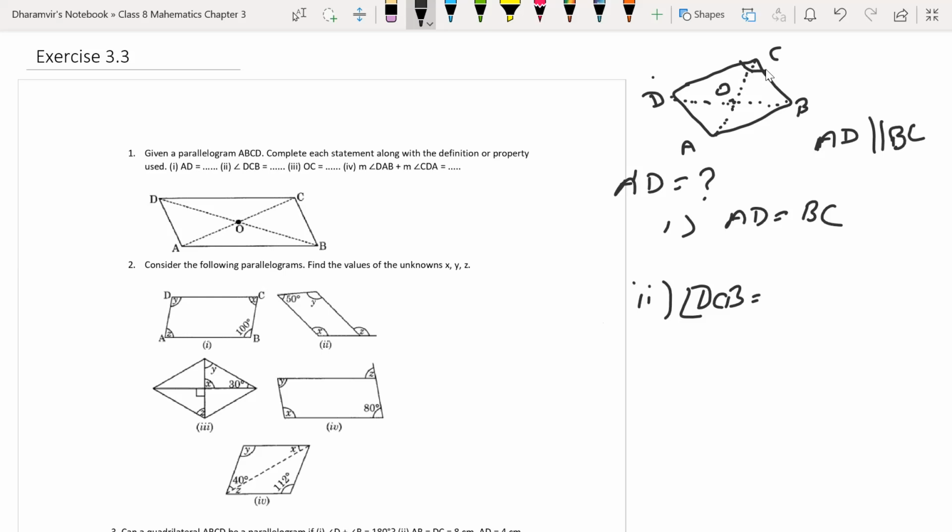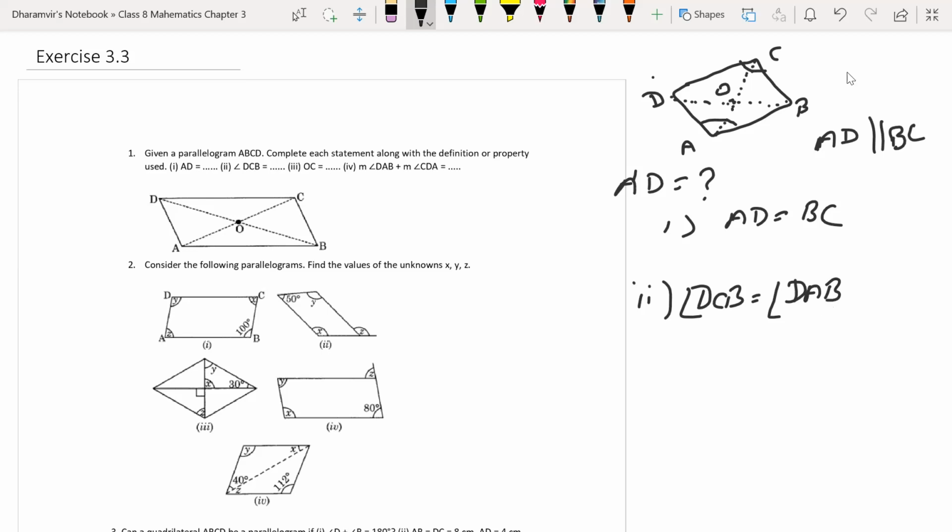The opposite angle of DCB is DAB. DAB is opposite to DCB, so the value of DCB is also the value of DAB. So the answer of the second part of the first question is angle DCB is equal to angle DAB.